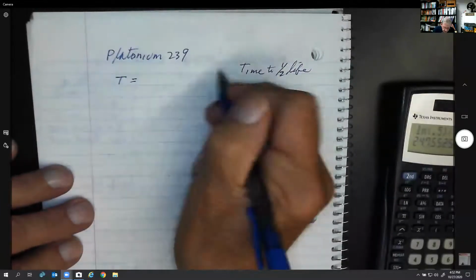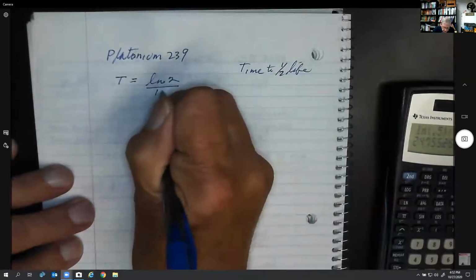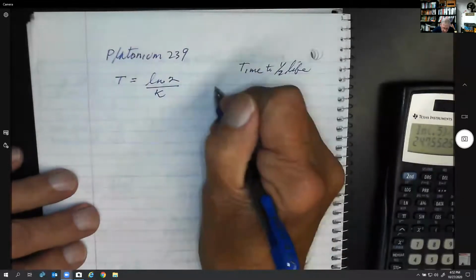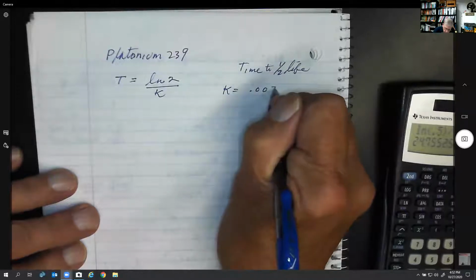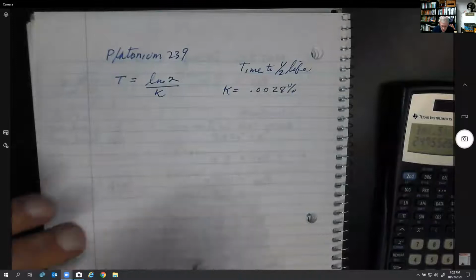The time is equal to ln 2 divided by k. And we know k right here, it says the rate of decay of this thing, which is our rate, is 0.0028%. But that's not k. k has to be as a decimal.